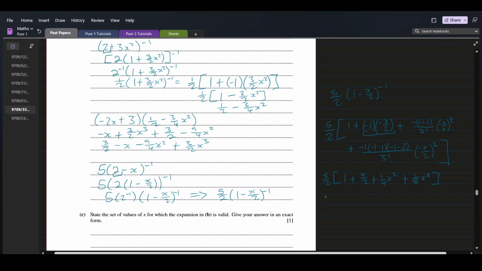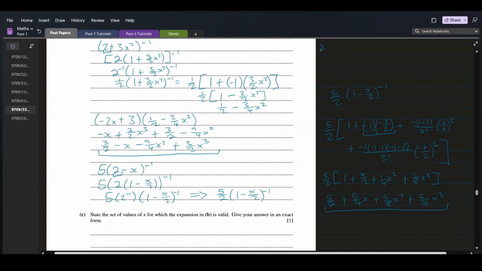And let's multiply through by 5 over 2, so that's 5 over 2 plus 5 over 4x plus 5 over 8x squared plus 5 over 16x cubed. Now let's combine these two expansions. Since they make up f of x, we'll just write it at the top here since we've run out of space.